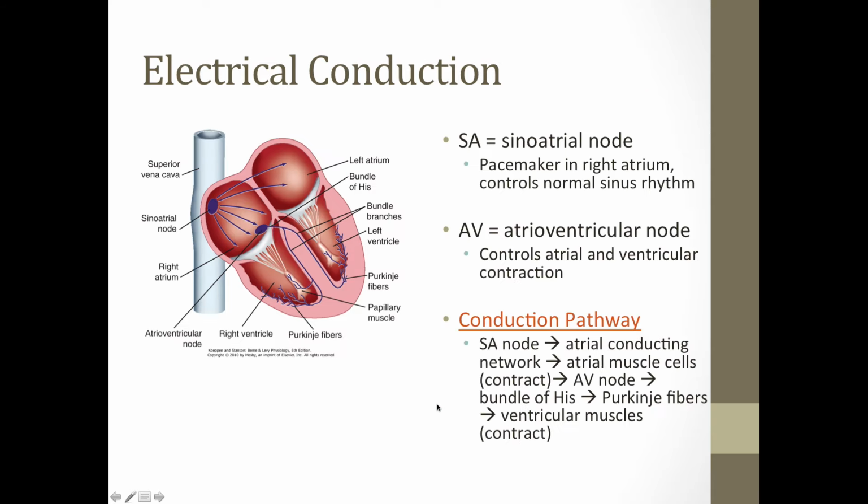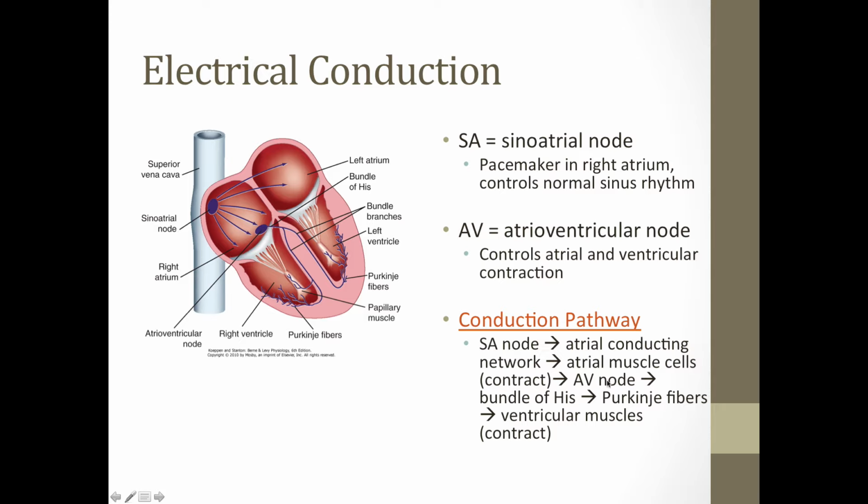This is an outline of all of those pieces. So SA node, that's our pacemaker. That sets the resting heart rate. The AV node is going to control the contraction of the ventricles. And then the entire pathway is here. You can click on this to go to a live link in your PowerPoint as well. But we have SA node, conducting network, atrial muscle cells, they contract.